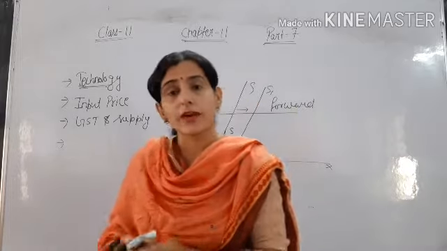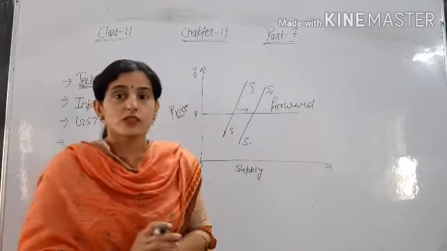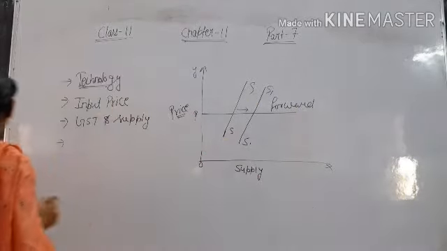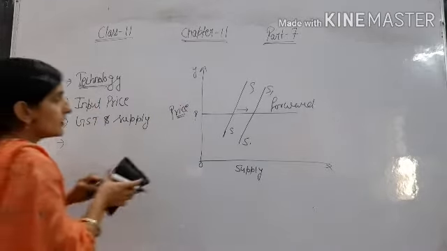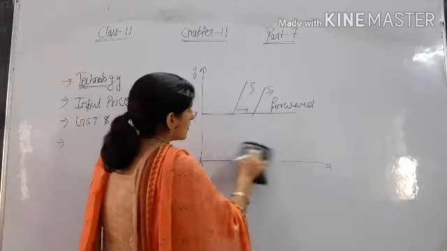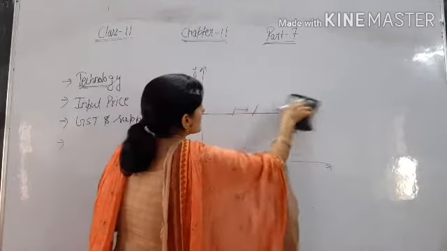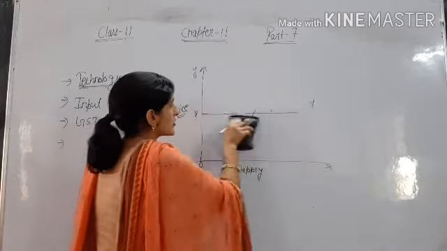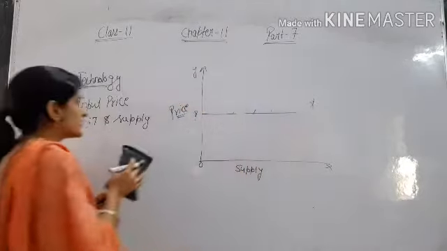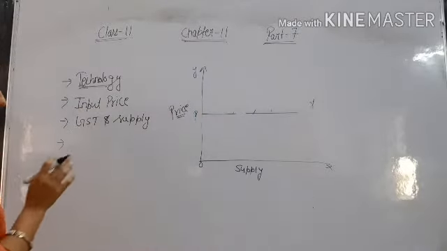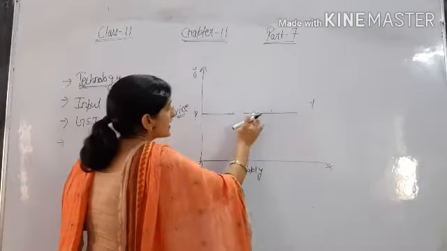High cost of production means the producer will supply less. So the supply curve shifts backward. Here, supply and price remain the same: on the OX axis we show supply and on the OY axis we show price, and this is our supply curve.